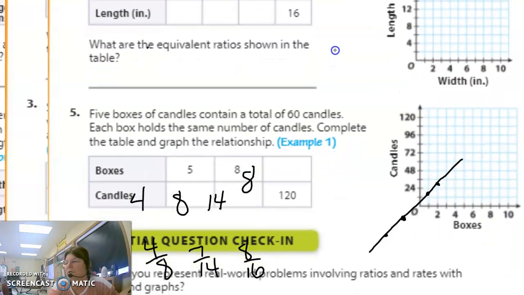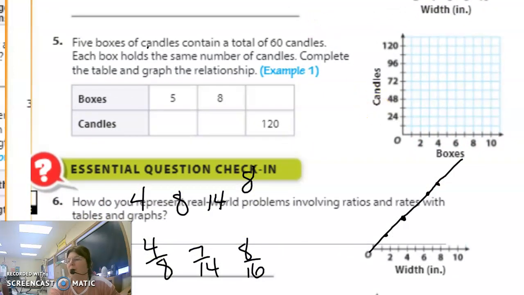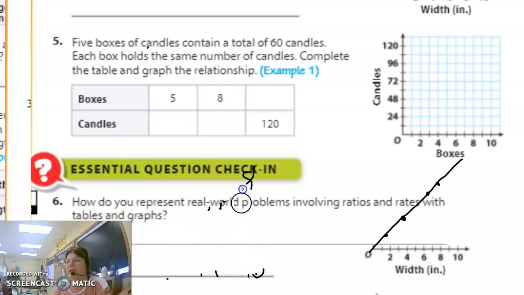Our next one is 5 boxes of candles. We'll erase these. Okay. 5 boxes of candles contain a total of 60 candles.